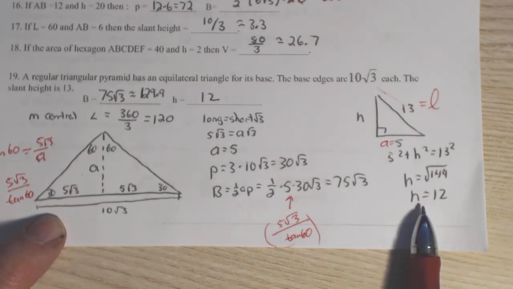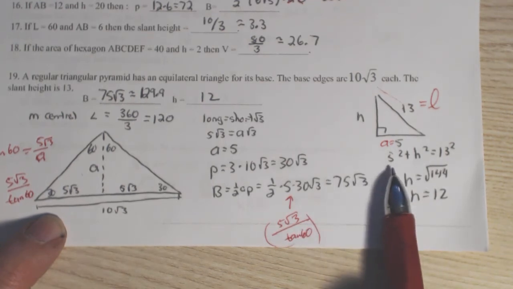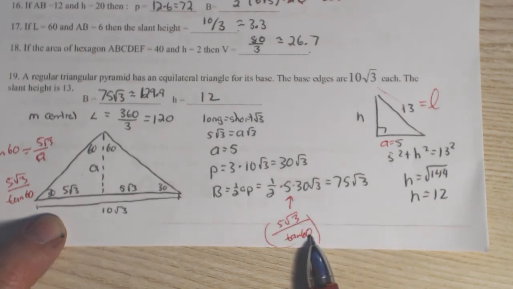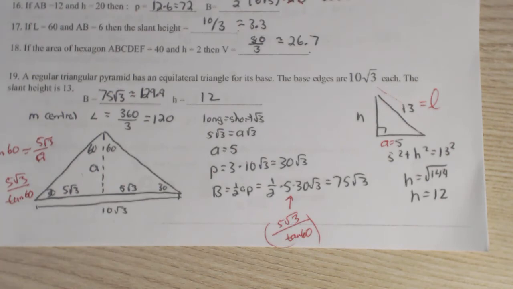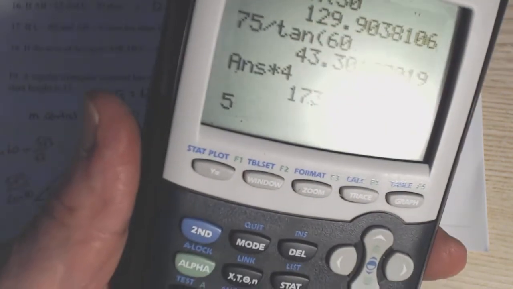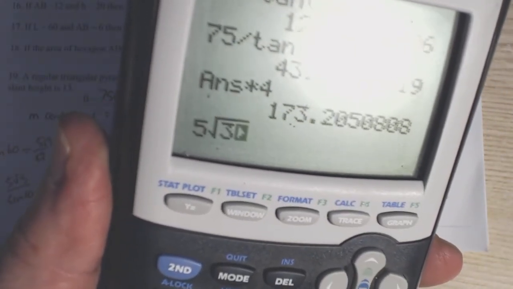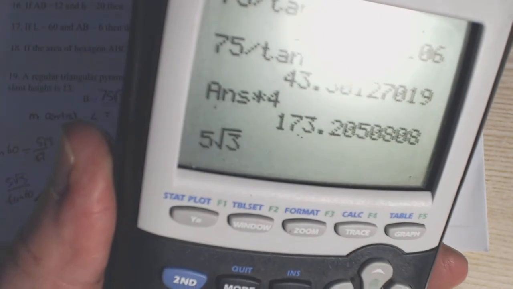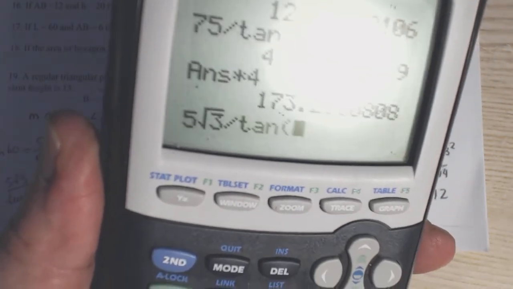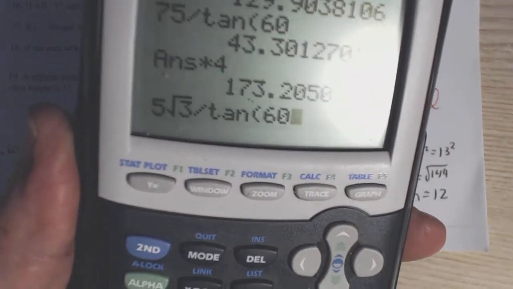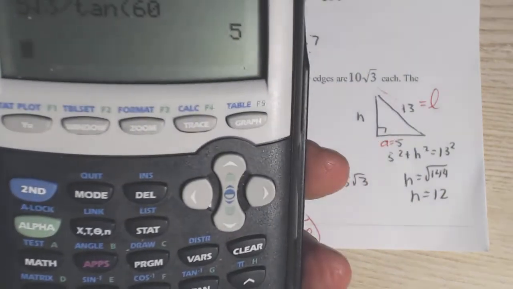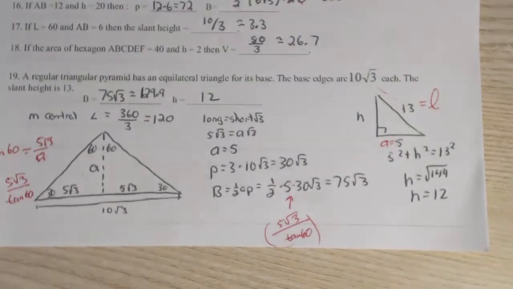It would have worked out that way as well if instead of 5 right here, you'd had 5 root 3 over tan 60. In fact, what might have been nice is if you happen to have typed into your calculator 5 square root 3 divided by tan 60. There's 5. So you could have seen it that way.